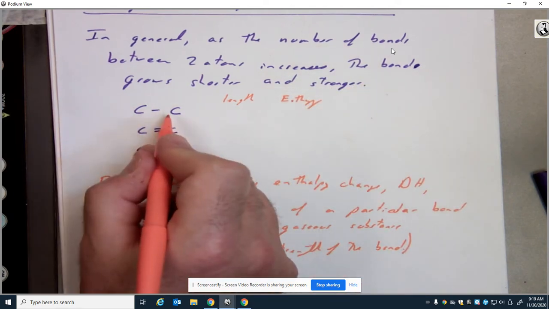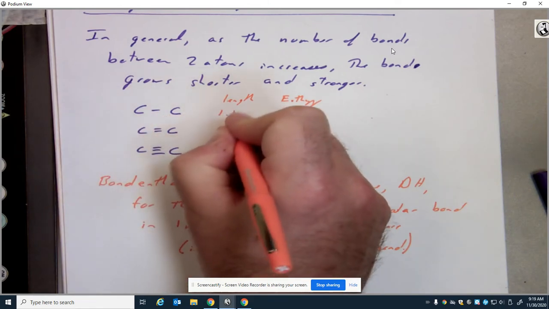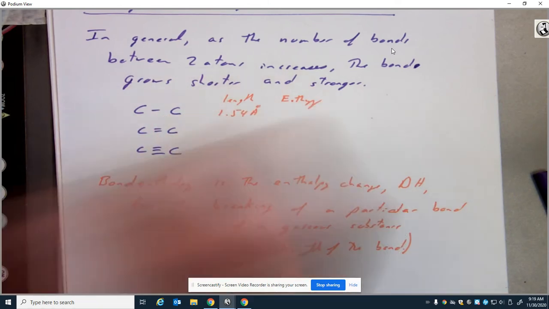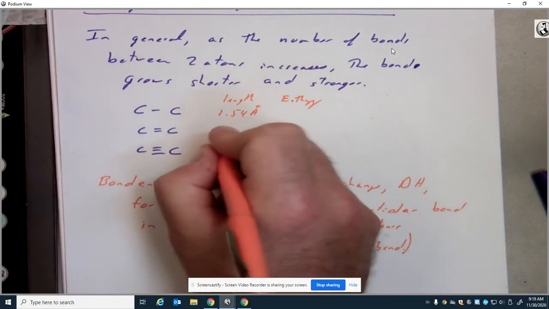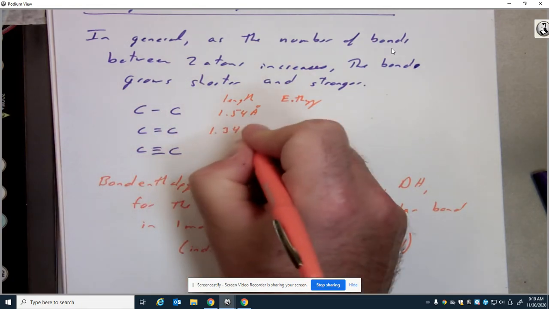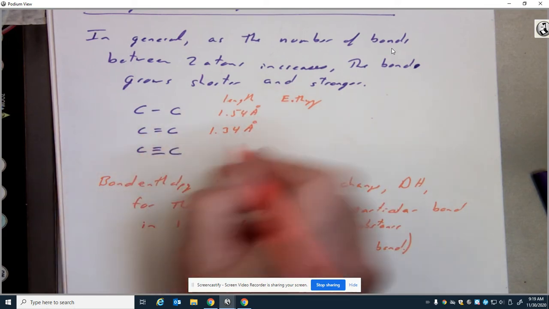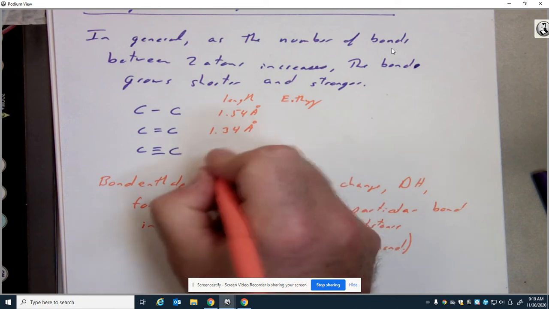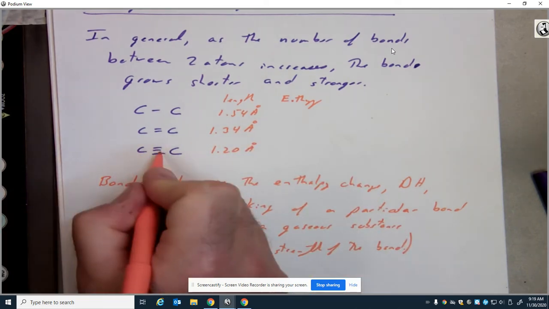So if we look at the single bond, the carbon-carbon single bond is 1.54 angstroms. If we go to the double bond, it's 1.34 angstroms. Okay, they're getting closer together. And then finally, if we go down to this triple bond, it's 1.20 angstroms, even closer.